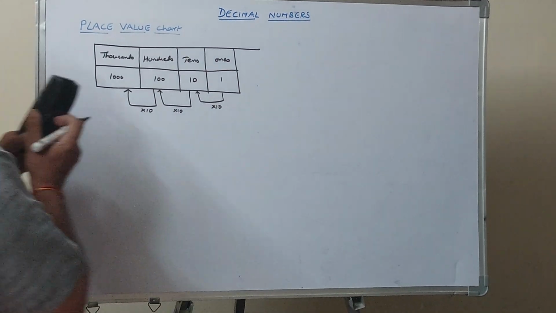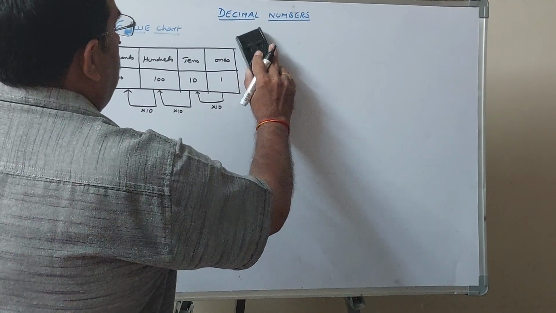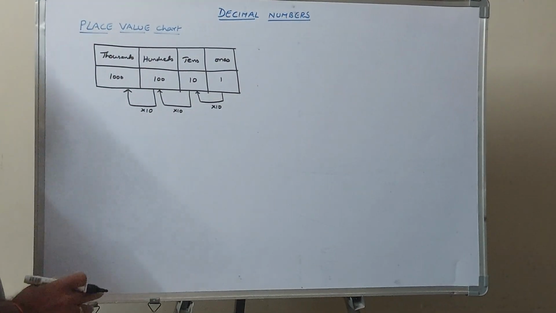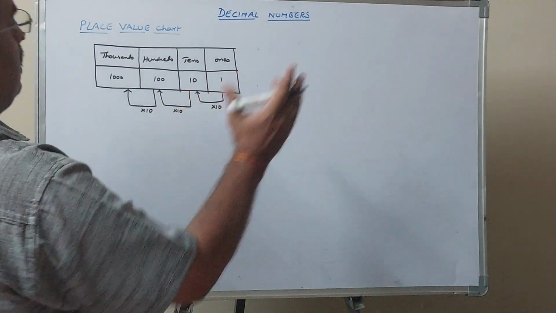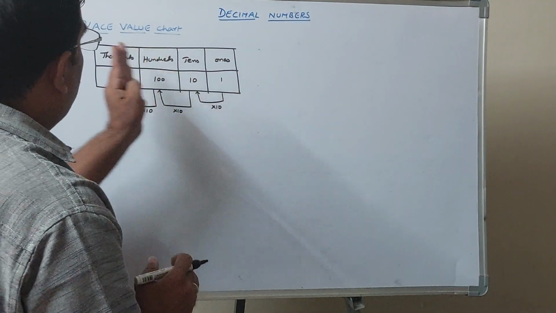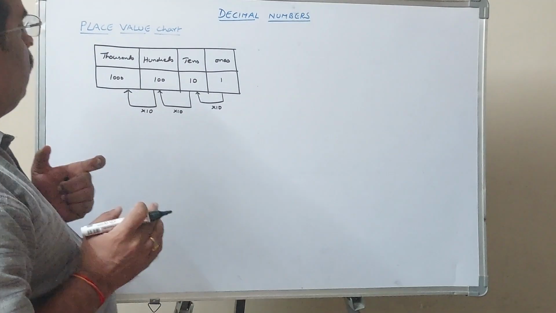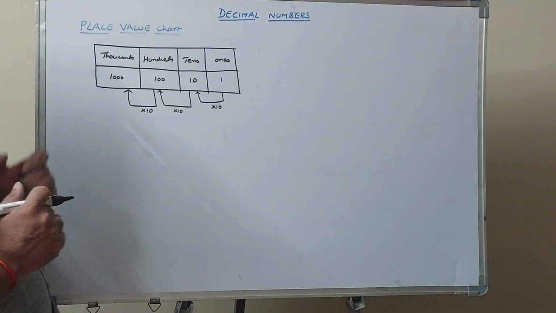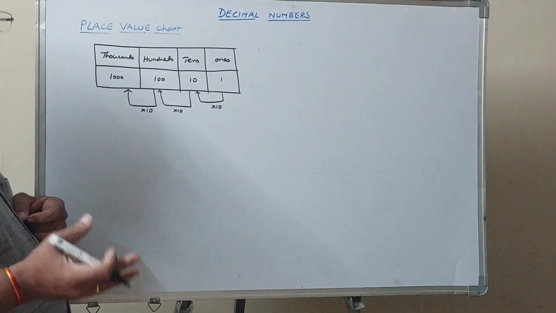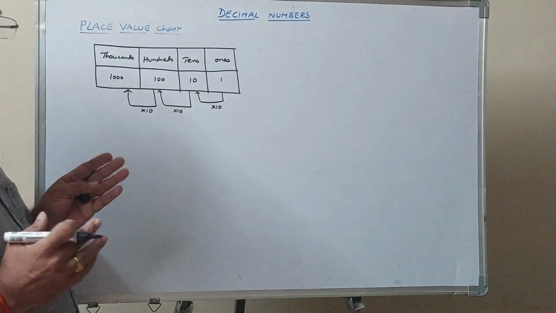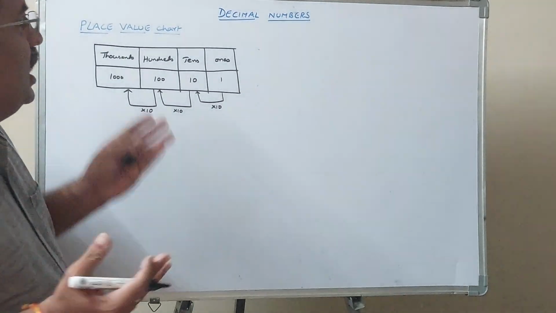This is the place value chart we have studied before. This is going from the left-hand side, but on the right-hand side the extension of the place value chart is different. The extension of the place value chart is the decimal part.